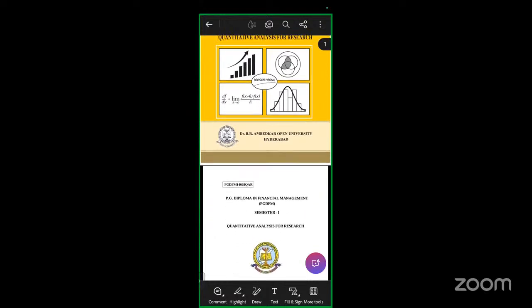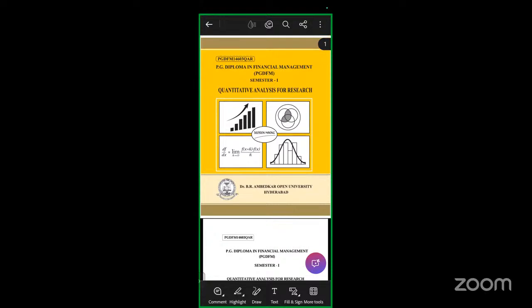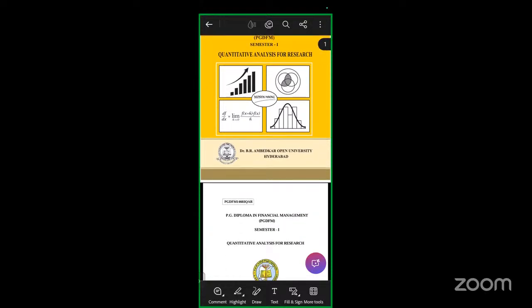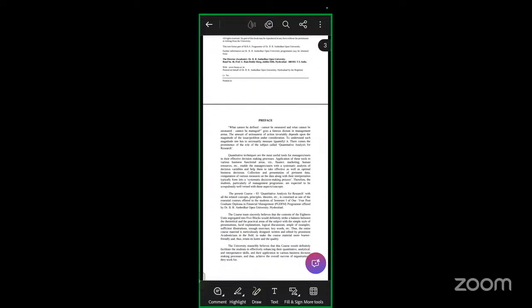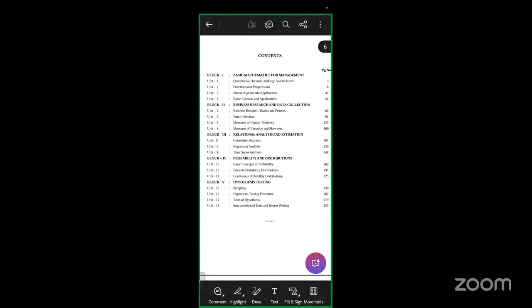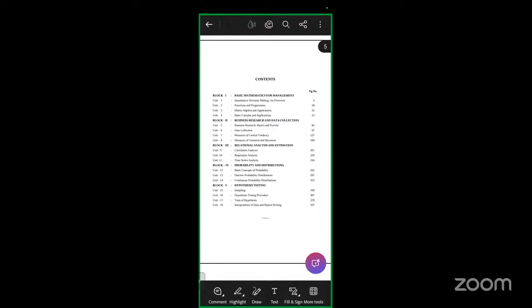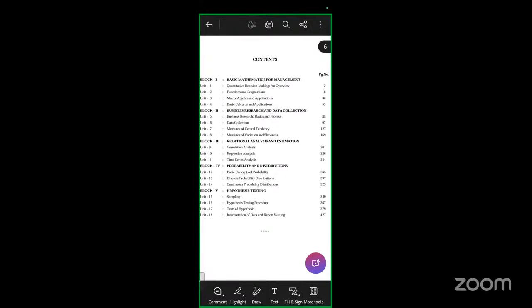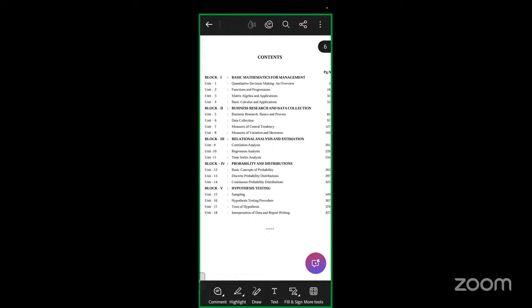We'll move on to quantitative analysis for research. This paper consists of five blocks. First is basic mathematics for management, then business research and data collection, relational analysis and estimation, probability and distribution, and hypothesis testing.